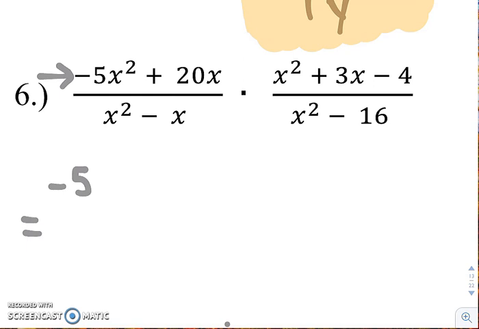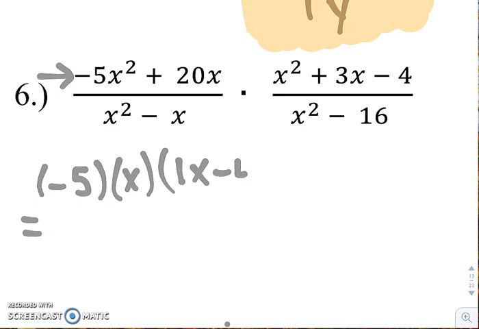And then if you have x squared and x, you can also pull out an x. That would leave you with x minus 4. You had x squared, took x away, so now you're left with x. 20x divided by negative 5 would be negative 4. X take away x, you're not left with any.